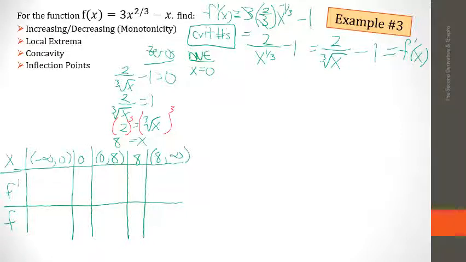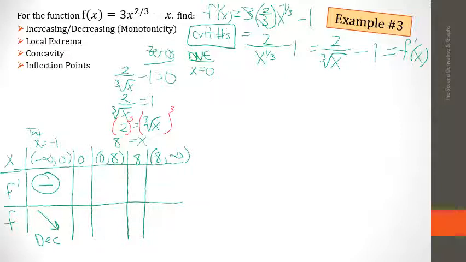The interval from negative infinity to 0, I would test x equals -1, because I know the cube root of -1. 2 over the cube root of -1 is 2 divided by -1, which is -2, minus 1. That is going to be negative, which means the original function is going down or decreasing.